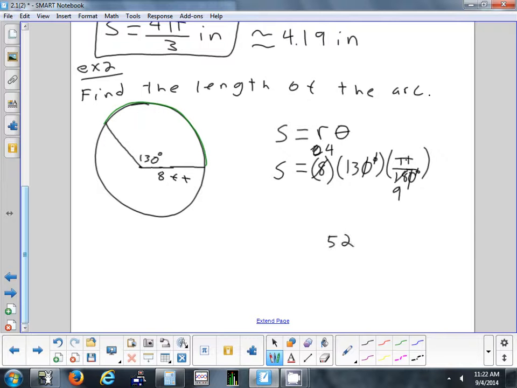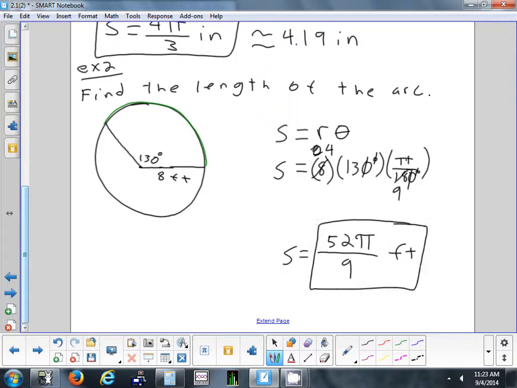It's 52 times pi. And in the denominator, it's just a 9. And what should be my label on this one? Feet. 52 pi over 9 feet. Again, if you want the decimal, just type it in. Questions on that?